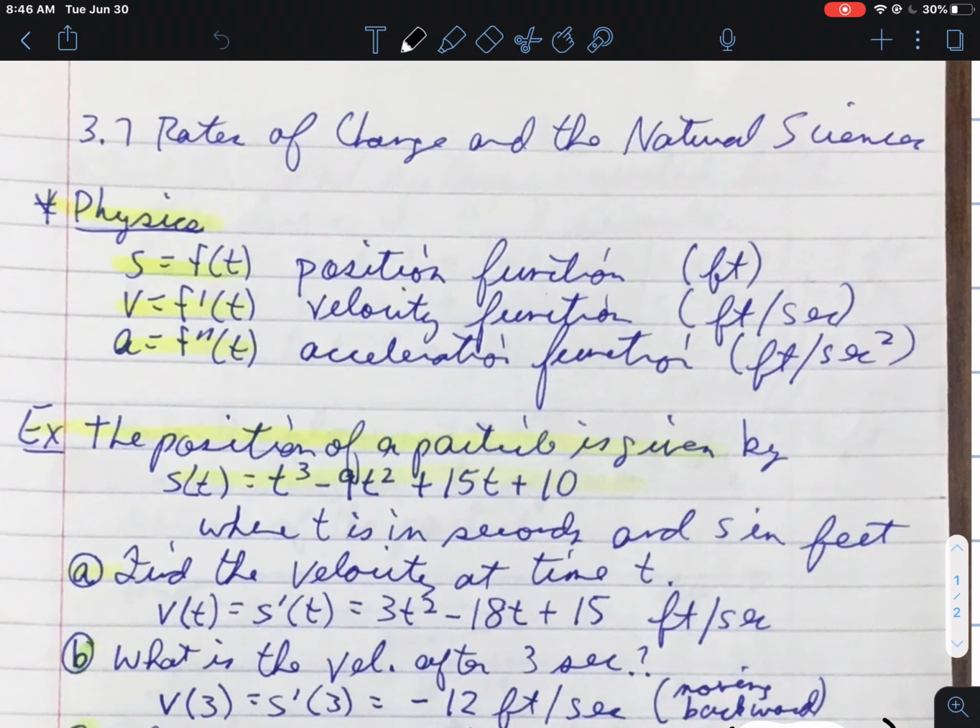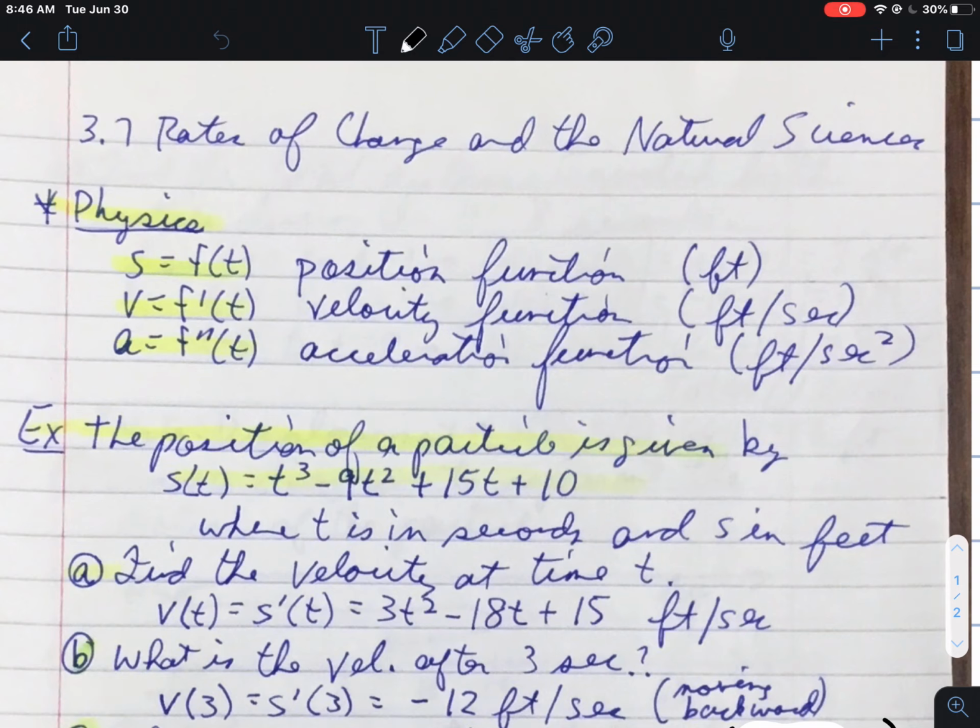Then our rate of change in the position, remember, velocity is change in position per unit time, so you get units like feet per second, miles per hour, meters per minute, that kind of thing.